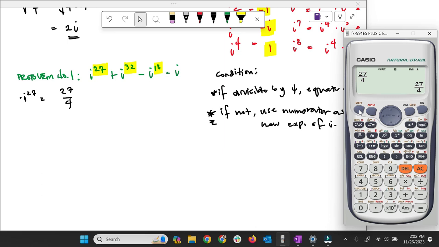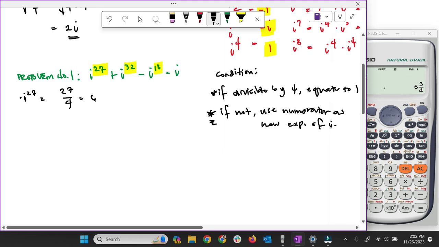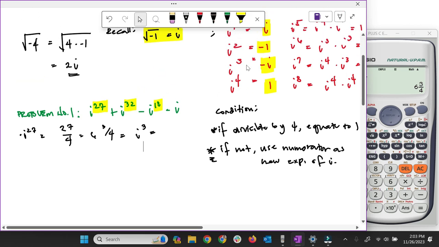Since this is an improper fraction, let's convert it to its corresponding mixed fraction. Ayan. So this will be 6 and 3/4. Ibig sabihin, since ang ating denominator naman is 4, our new exponent of i will be 3. And i cubed, kung titignan mo ulit dito, is equal to negative i.